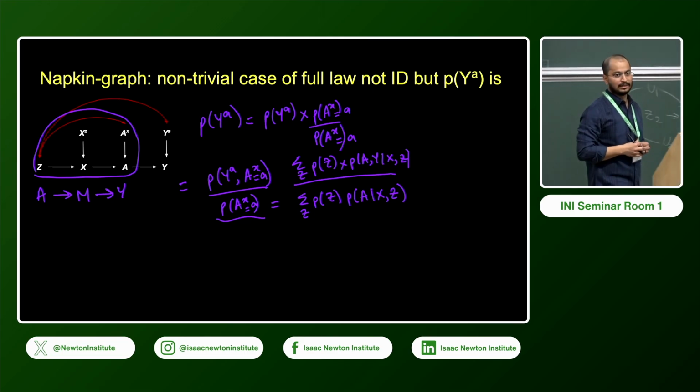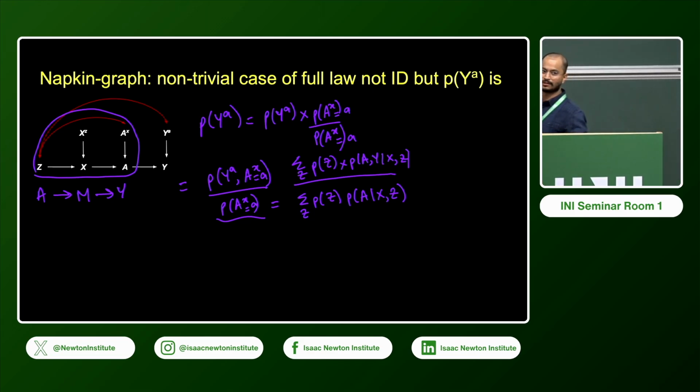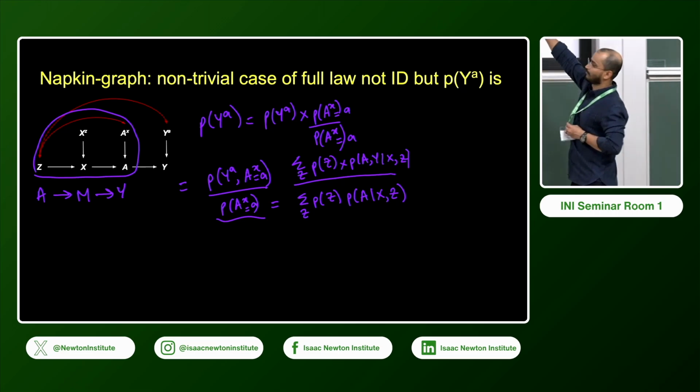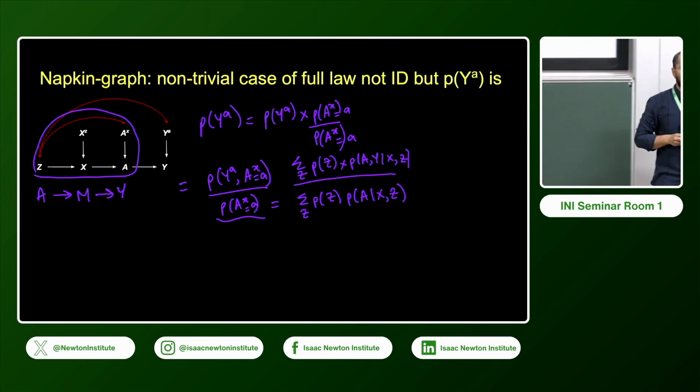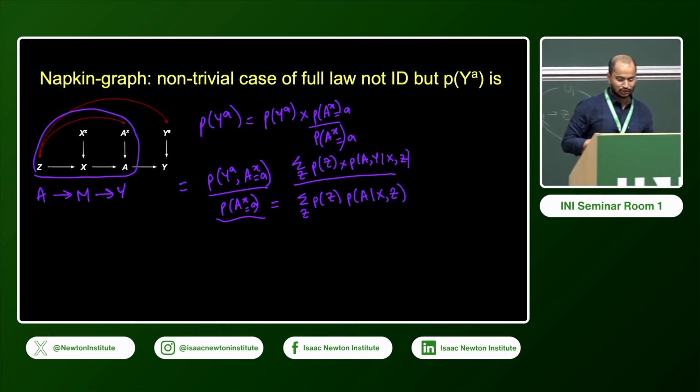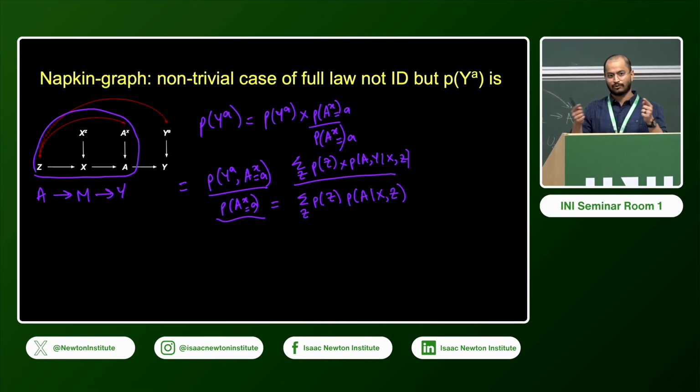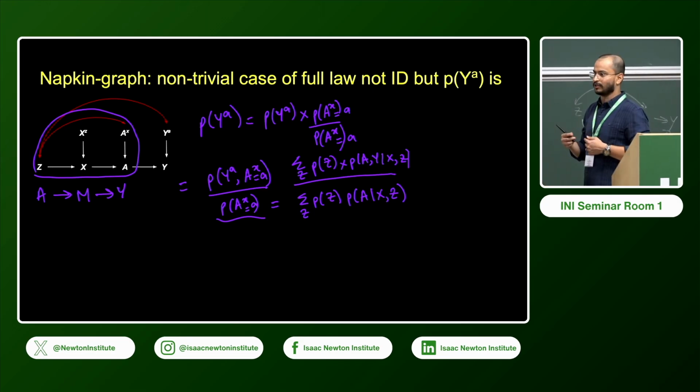And that's the identifying functional. The effect of A on Y in the napkin graph is identified by this ratio. I believe there's estimation work going on this, but ratios are tricky. But sometimes ratios also license you to do clever things like targeting the ratio itself rather than estimating the individual densities.